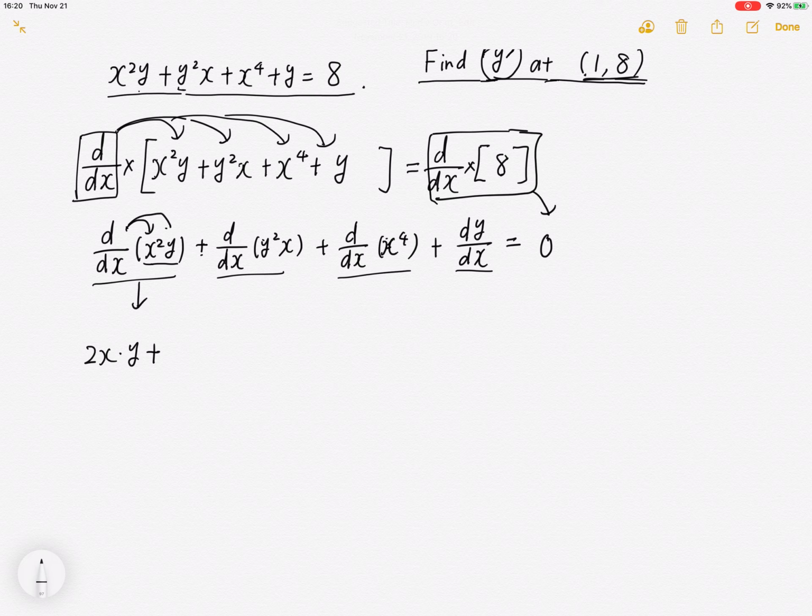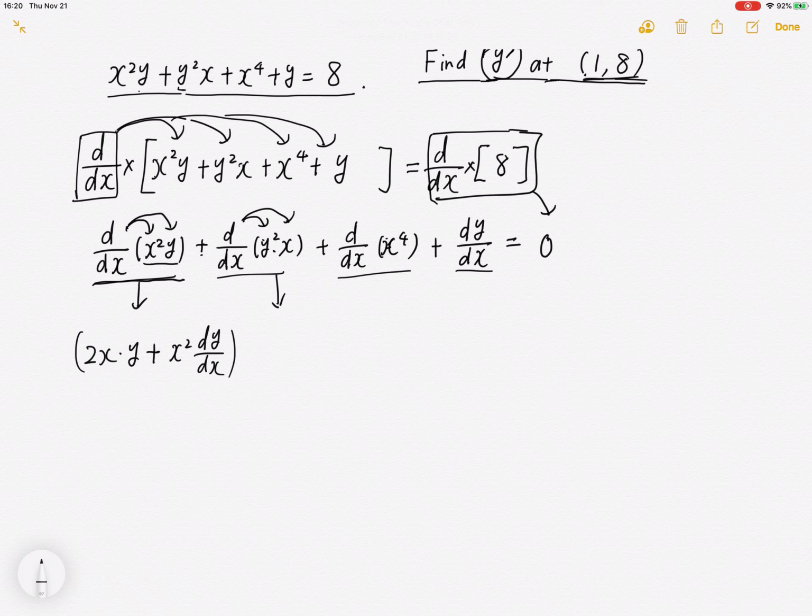And then you take the derivative with y while keeping x squared. That's the result of the first term. What about the second term? Do the same thing.